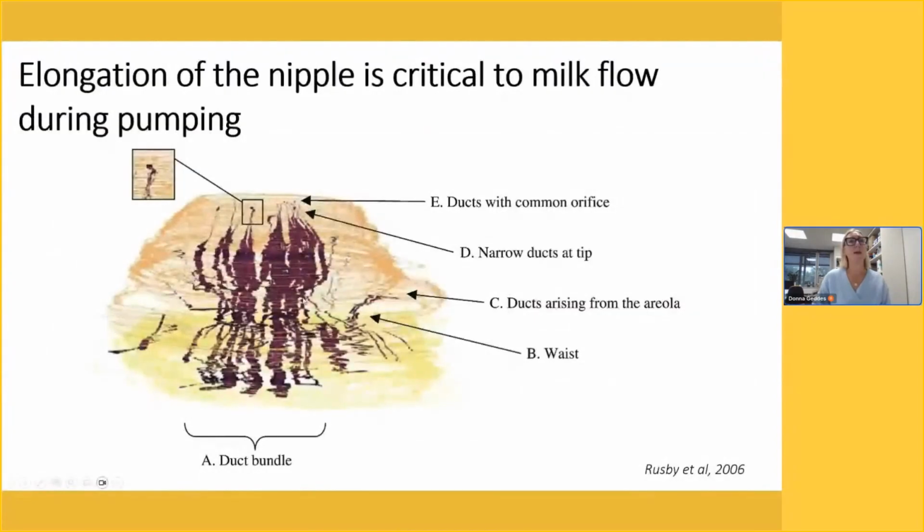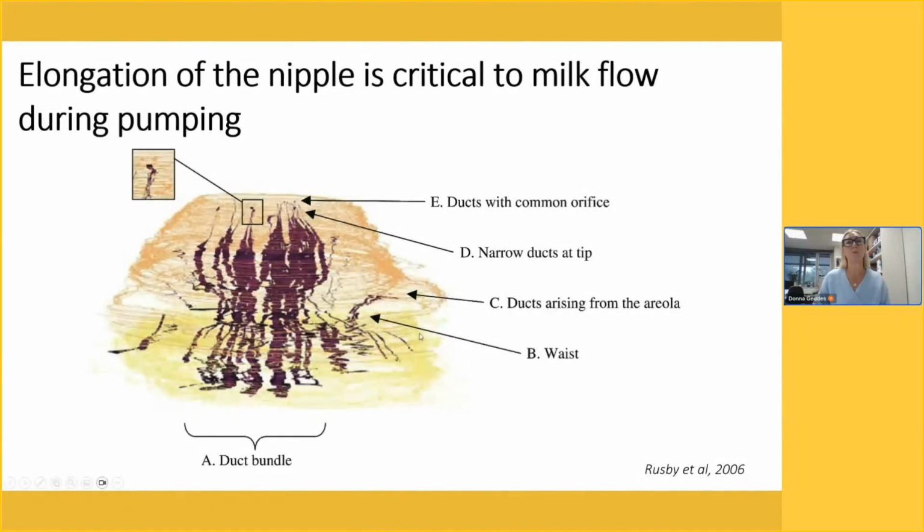So let's go back to the anatomy and look at the pain points or points where we might restrict milk flow during pumping. You can see this beautiful diagram from Jennifer Rusby, who is a breast surgeon. She's painstakingly outlined the ducts in the breast, as you can see here, that are narrowing at the waist of the nipple here.